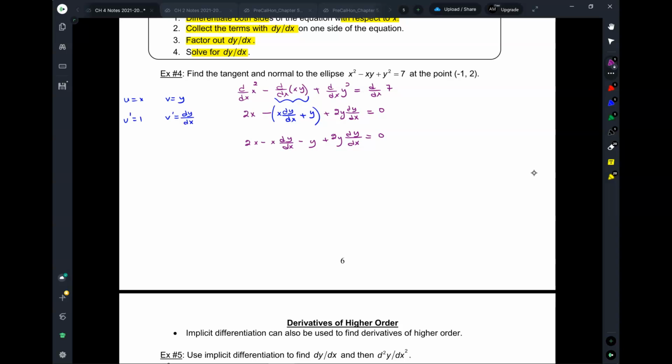That's awesome. Okay, so we're going to collect the dy dx's on one side, so take everything else to the other side. Do you guys mind if I take the dy dx to the other side just because of the negatives? It really doesn't matter, but the negatives are going to look so much prettier that way. So I'm going to leave 2x minus y here, and then take negative x over there, so it'll become positive x dy dx, negative 2y dy dx.